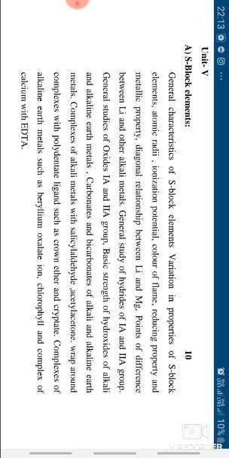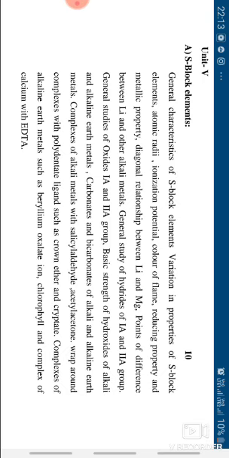Then we will see the general study of hydrides of the first A and second A groups, that is, the first and second groups. General studies of oxides. We will study different compounds formed by these groups, such as hydrides and oxides. Then the basic strength of the hydroxides of alkali and alkaline earth metals.